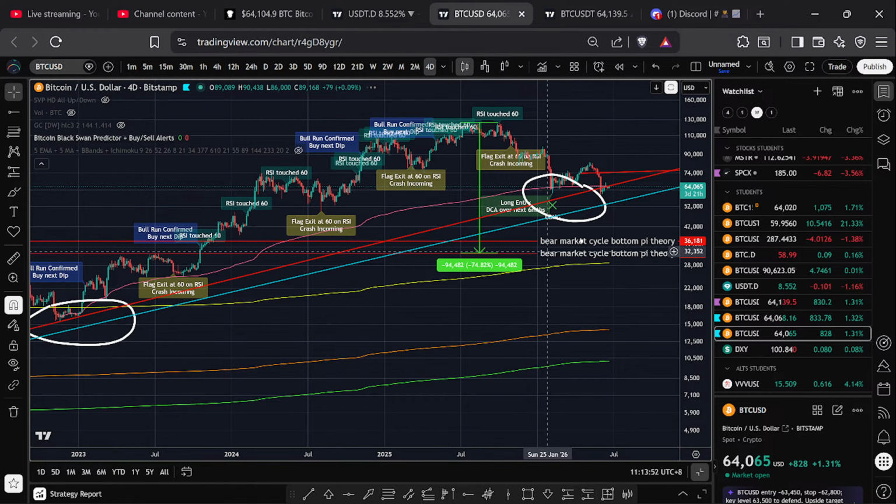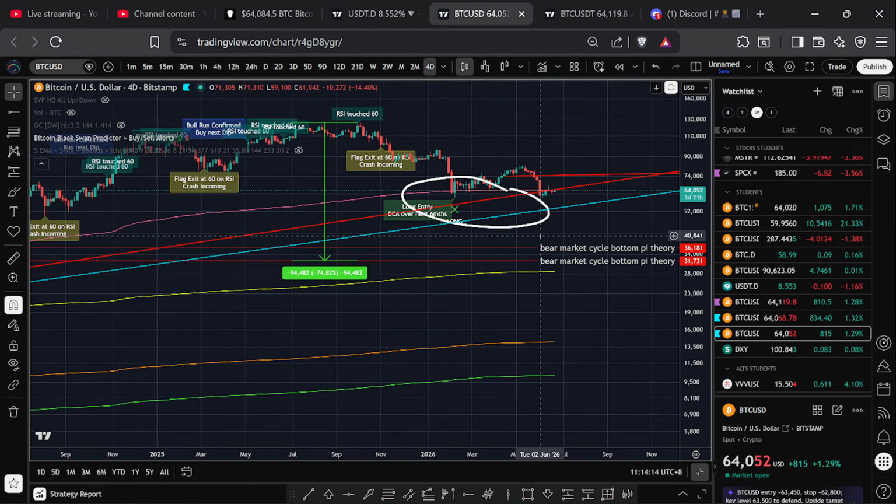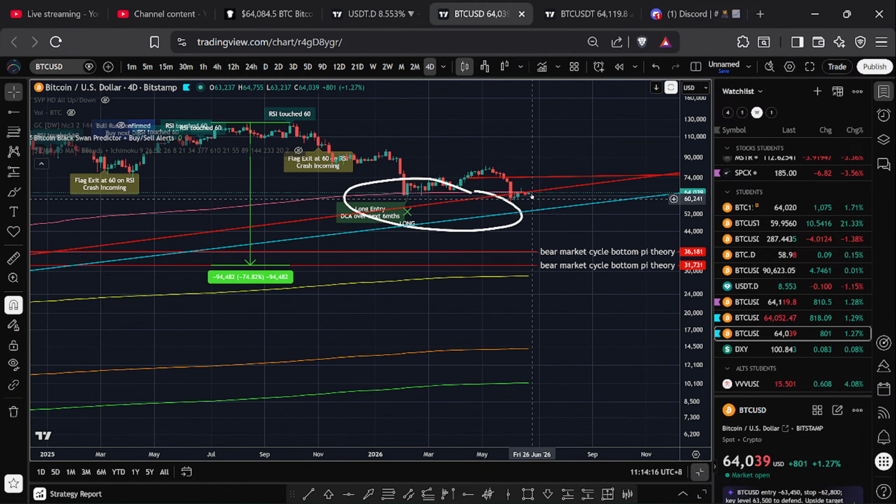Okay, and this area here, just so you know, is the pi formula. If you've seen that before in other videos, if it follows that as it has every cycle, then this is where it will end up. As we know, this VWAP, which is the pink here from the bottom, if you've seen all that before, if not, go back and watch them.